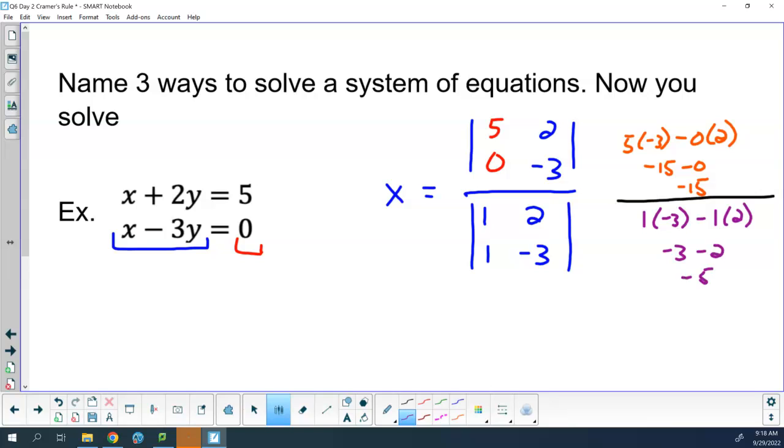So this becomes negative 15 over negative 5. What is negative 15 divided by negative 5?